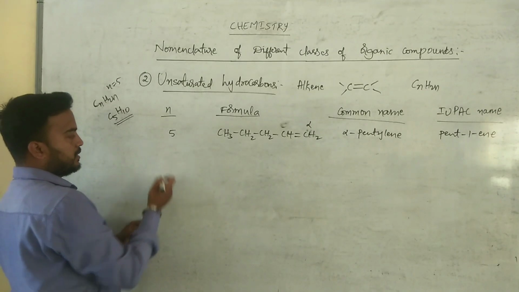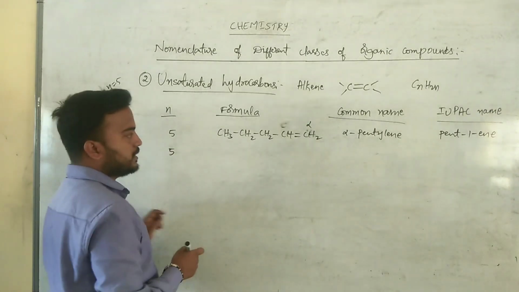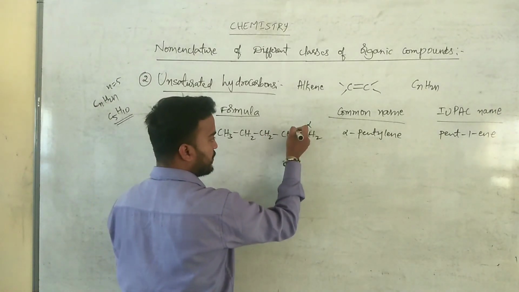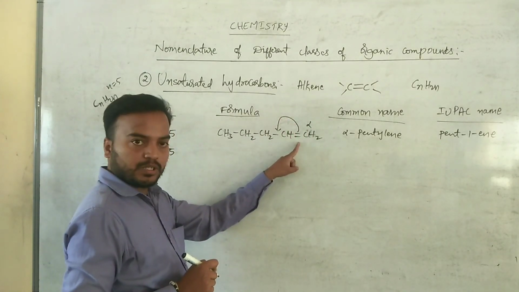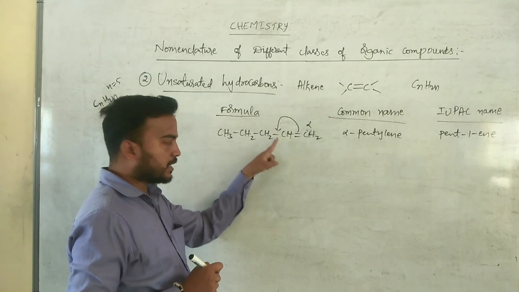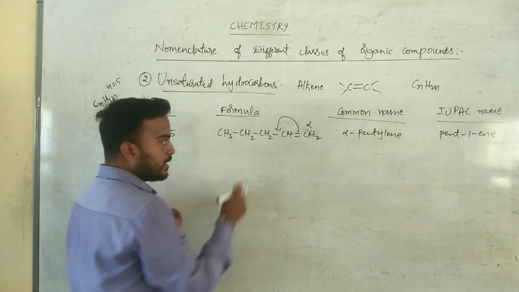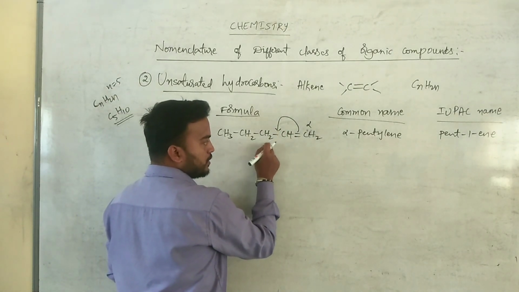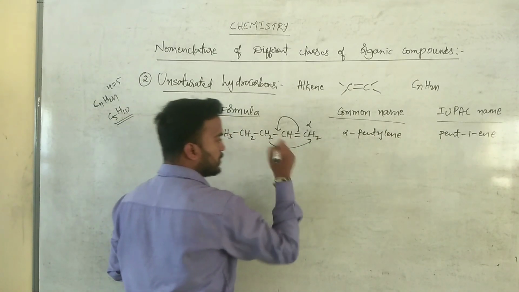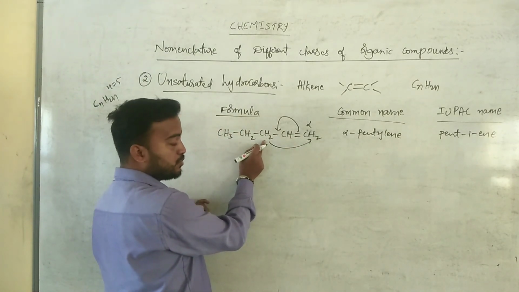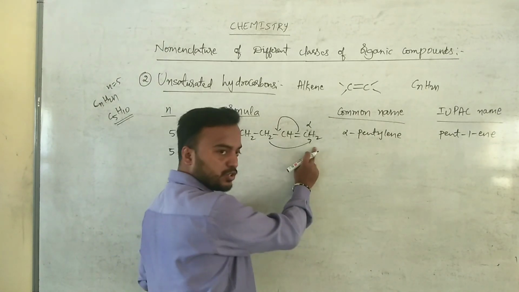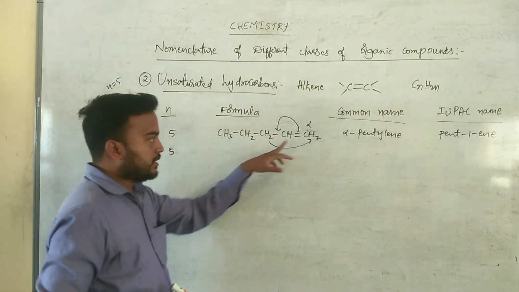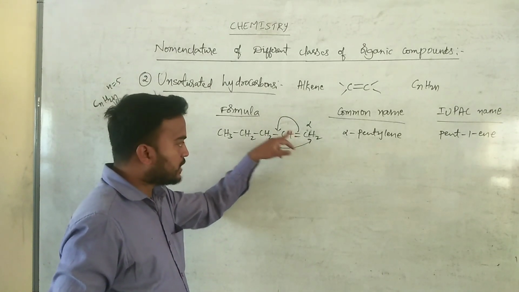Next, I will put the same, n is equal to 5. I will just shift the double bond to this carbon atom. The double bond at the first carbon atom, I am shifting to the second carbon atom.